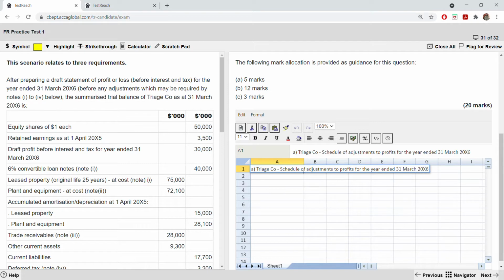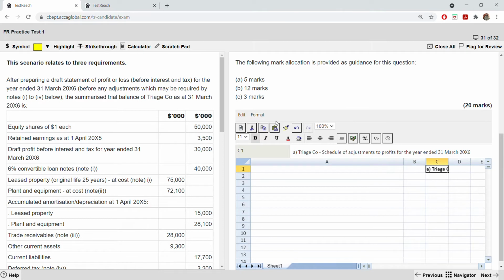Okay. Now you can bold this out. Okay. So you can extend the line. You can undo if you want. Okay. You can extend the line so everything is visible.